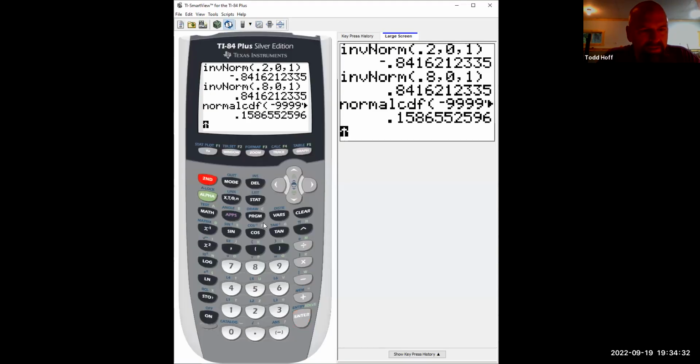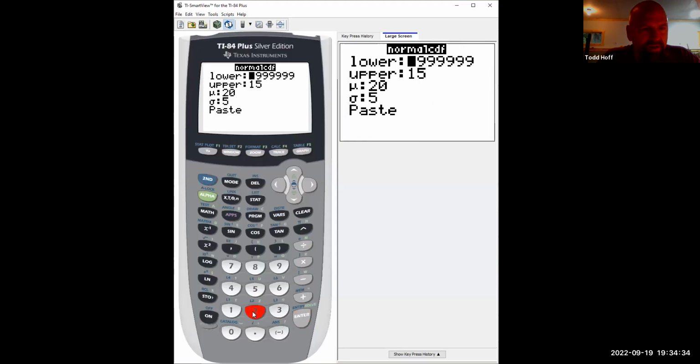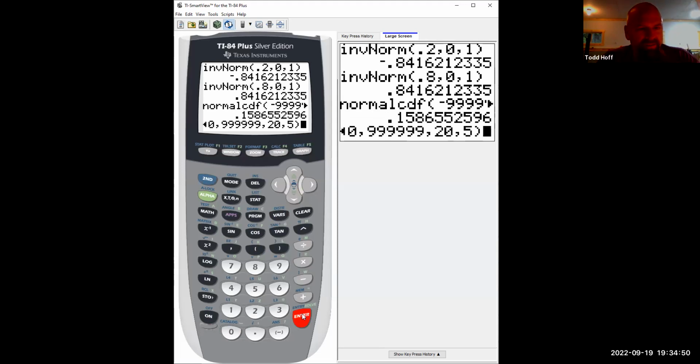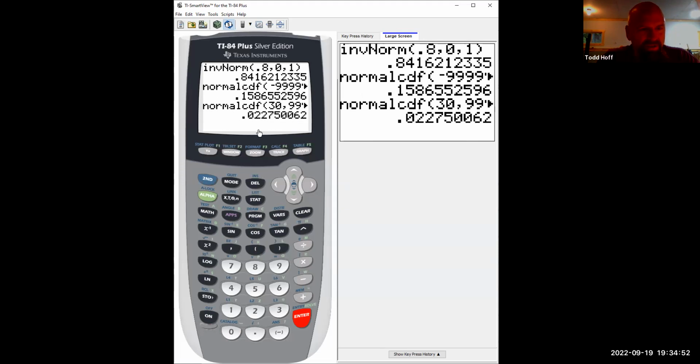Second distribution, normal CDF, we are going from 30 as our lower limit up to positive infinity. Again, I'm just going to enter six nines for that. Mean is still 20, standard deviation is still 5. Hit enter and enter. 0.0228 is that probability.